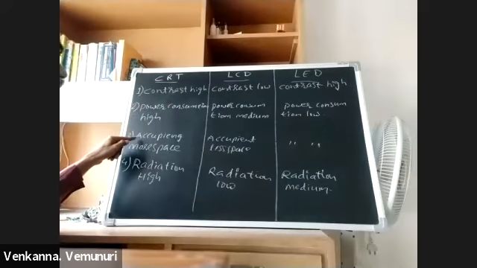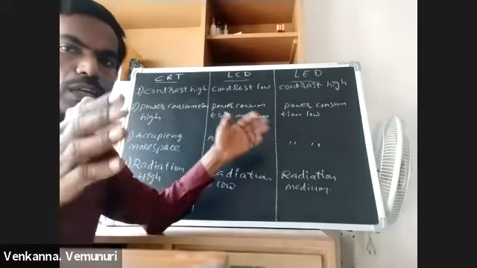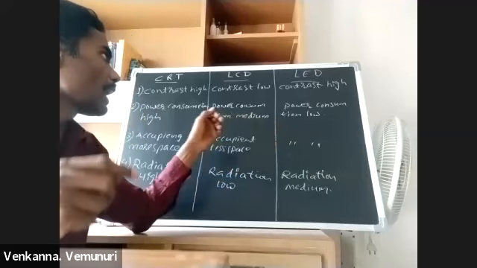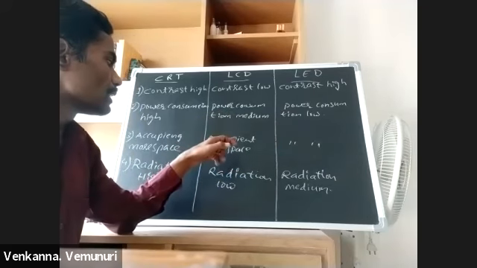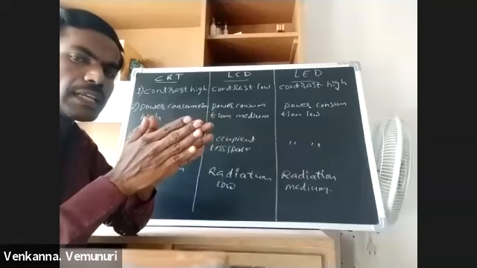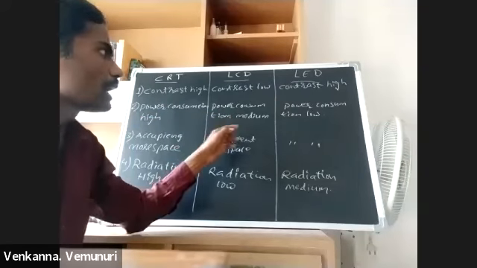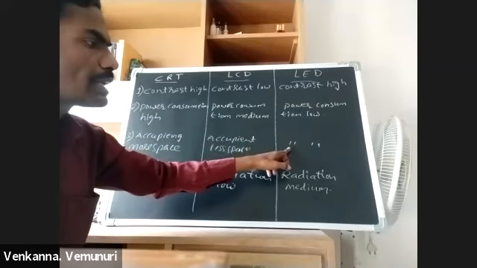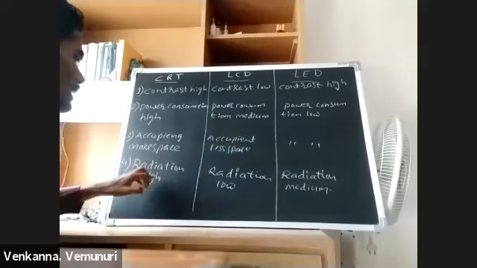Next, occupying space. CRT monitors look like big size, and LCD monitor occupies less space. Means it is very thin, and LED monitor also occupies very little space. Next, radiation.